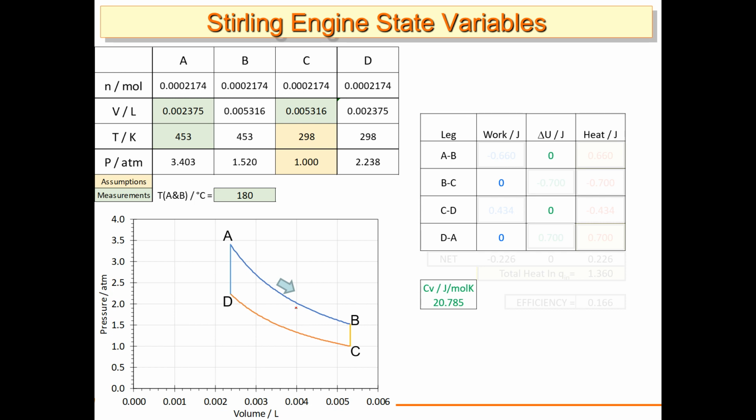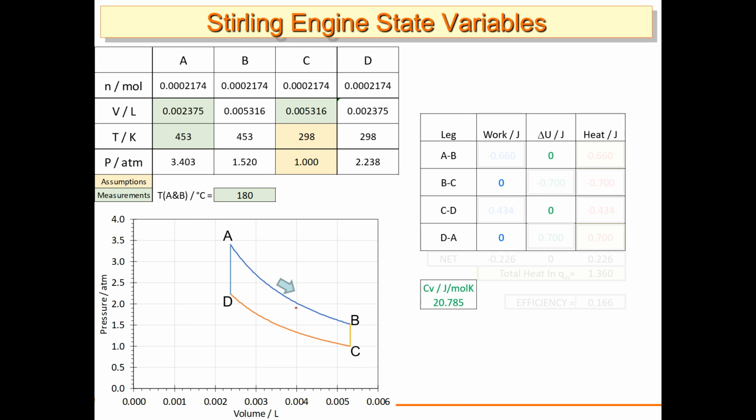But you could run it backwards. Now, what would happen if you ran it backwards? You would be putting in work and moving heat. And that's what we do for refrigeration and heating. So that's a heat pump. So a heat pump, we put in work and we move heat from the cold side to the hot side. We run it against itself. And so to generate work, we take heat from the hot and move it to the cold, and we get work out.